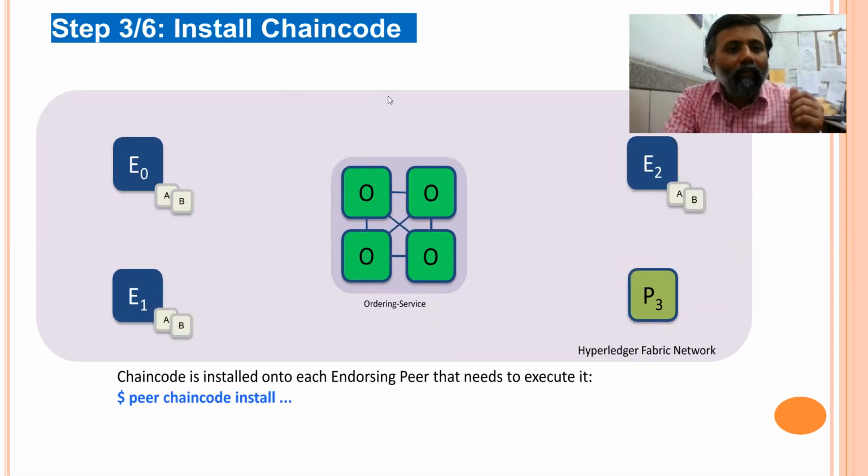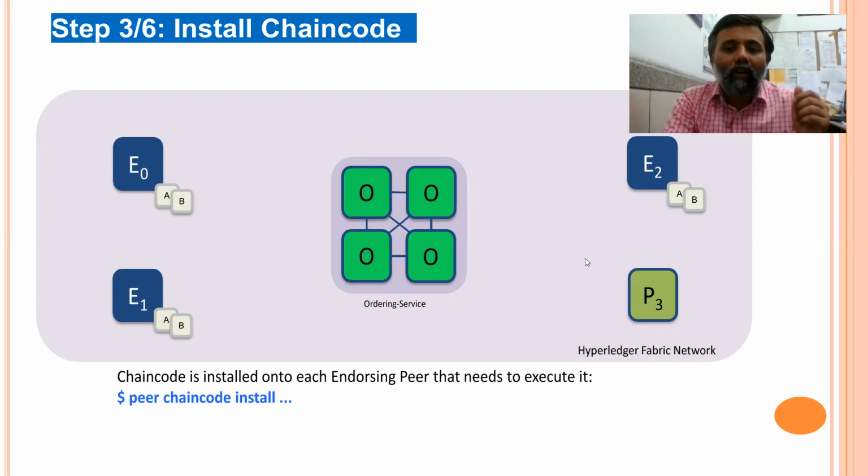Then the third one, we will install the chain code. Till now, suppose we have configured the ordering services and the endorser and the committer. Now we will install the chain code. Corresponding to that, again, we have CLI commands, and by using that command, we can install the chain code. And we know that the chain code is installed on the endorser.